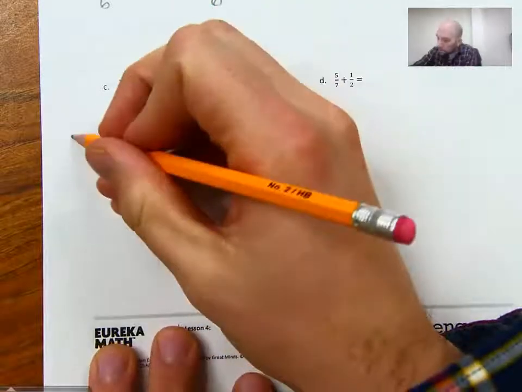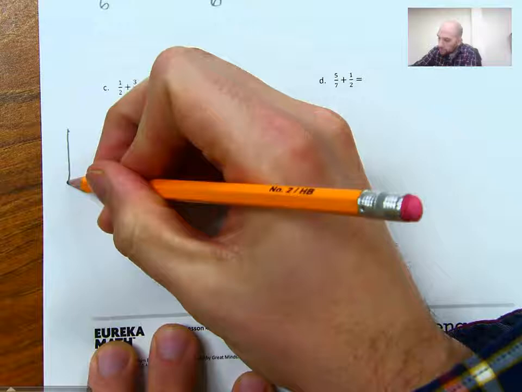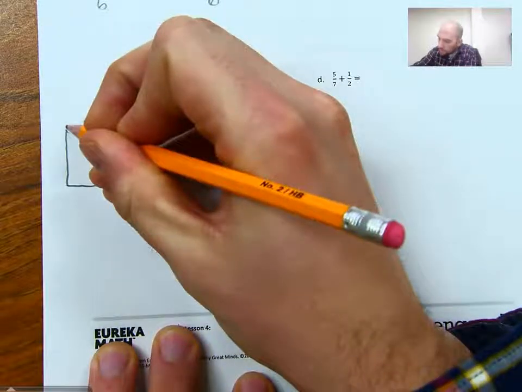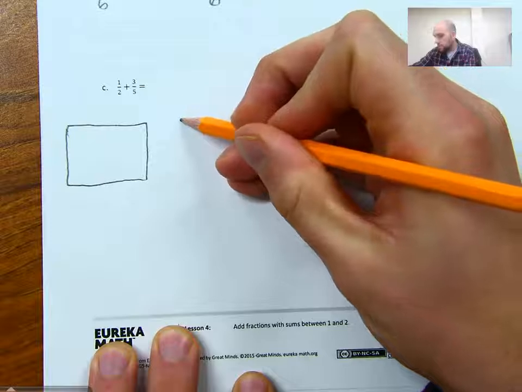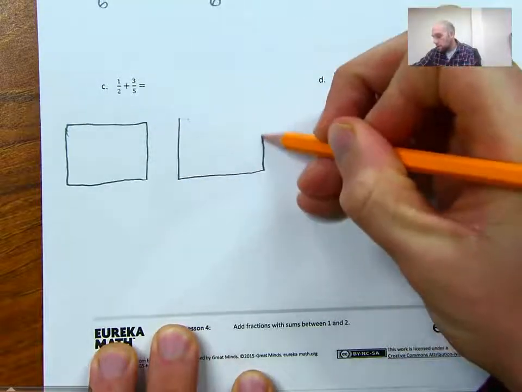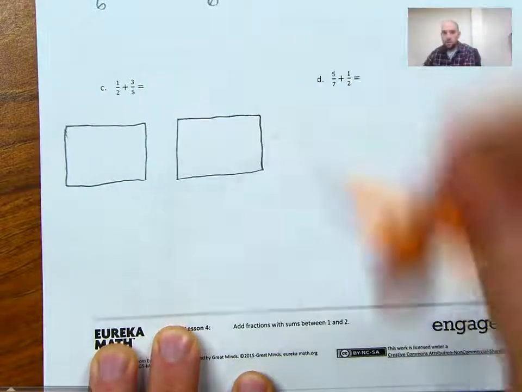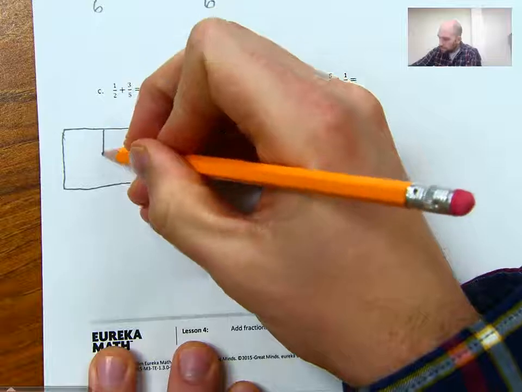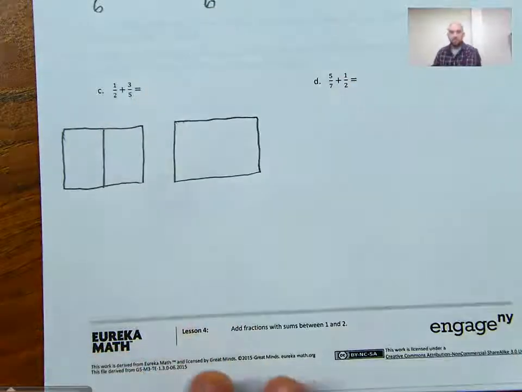Let's look at C. Draw rectangles. We should be getting really good at drawing rectangles at this point. Like that, they almost look the same. 1/2, put one line here in the middle.